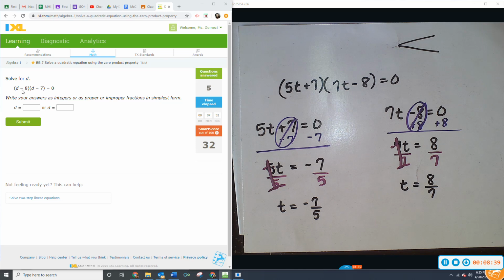Like I said, this factor here, you could always think of this as, since it's 1d minus 8 equals 0, since you're going to do the inverse, that would be your answer, positive 8. The inverse here would be positive 7.